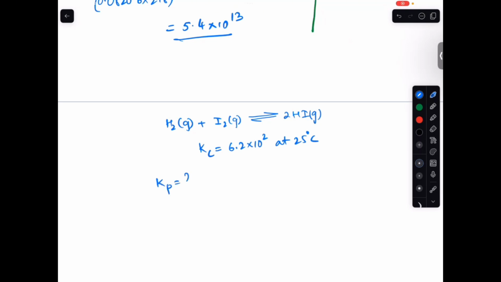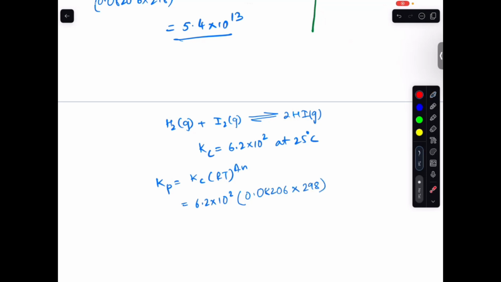And they're asking you what is Kp. Okay, so the formula is Kp is equal to Kc times RT raised to delta N. Kc is given to us, which is 6.2 times 10 to the 2, times R, which is 0.08206, times T, which is 298.